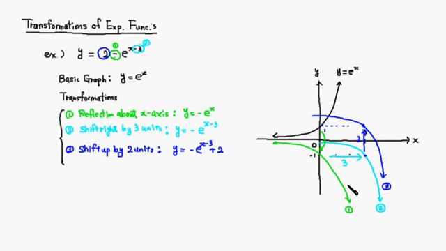That's how you apply transformations to the graph of an exponential function, which is exactly the same way as any other basic graphs that we've dealt with. That's it. I hope that this was clear.